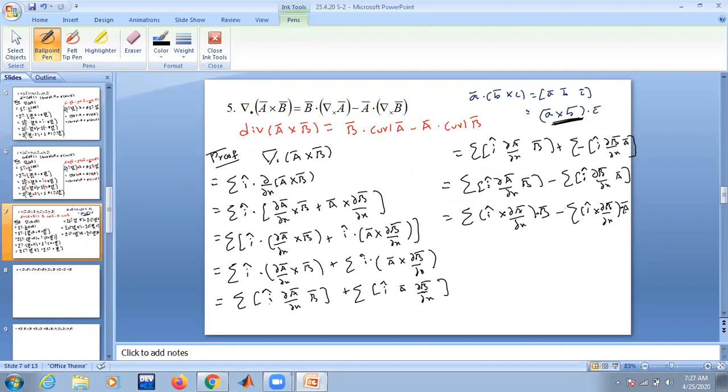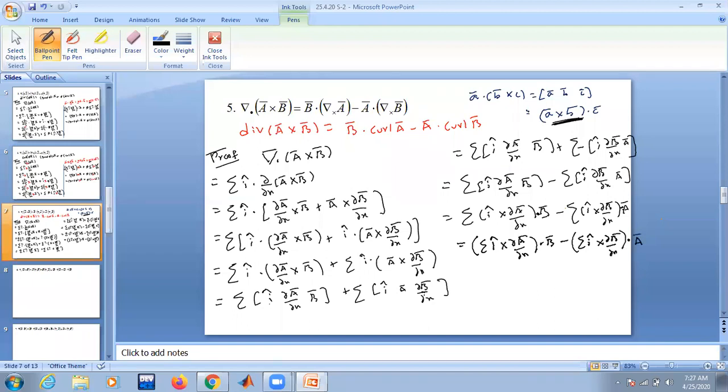Now this dot b is there in every term. Now I can use distributive law. Using distributive law I can write it as summation i cross ∂a/∂x dot product with b minus summation i cross ∂b/∂x dot product with a.